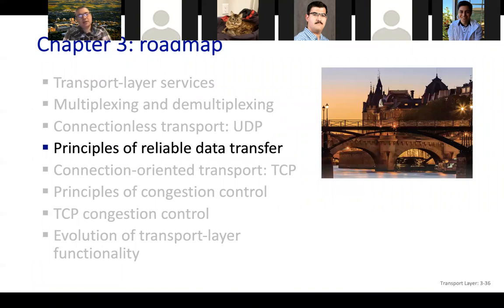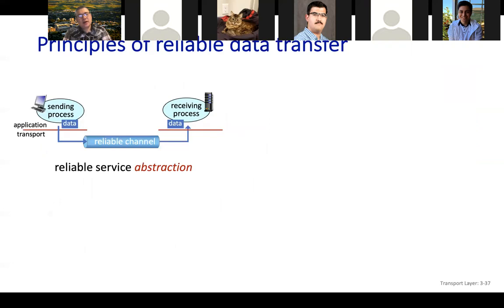First is the principle of reliable transfer. The principle is that you have different send and receive protocols, and you can have reliable or unreliable channels, right? So we just do abstraction.